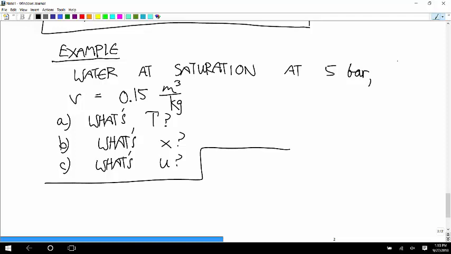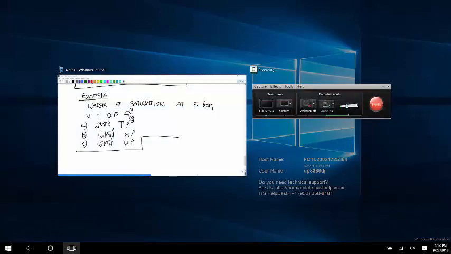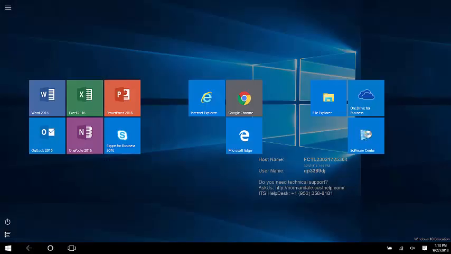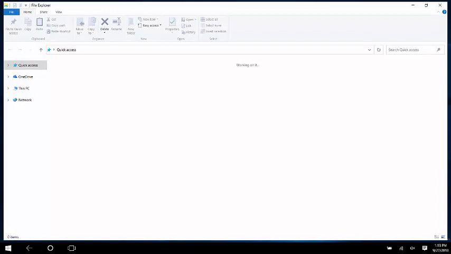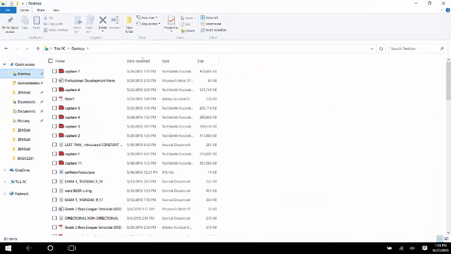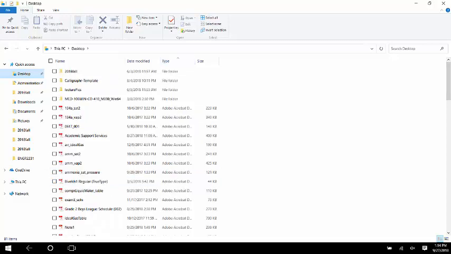Okay, so it's water. It's saturated at 5 bar. Saturated water, ooh, that's the thing I was looking for the other day. So let's go to the water table.